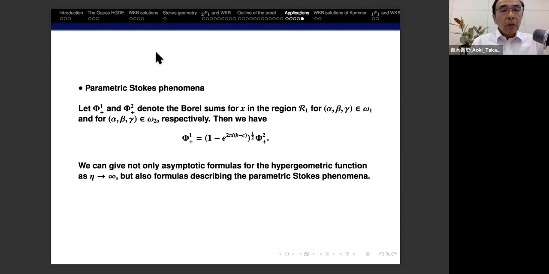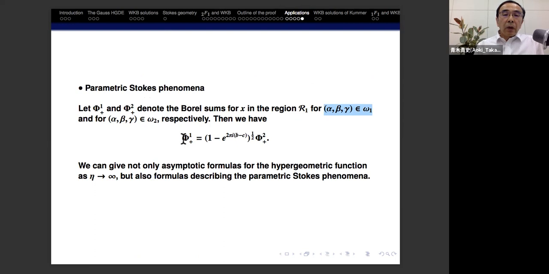The second application is the parametric Stokes phenomenon. Let capital phi plus 1 and capital phi plus 2 denote the Borel sums for x in the region R1 for alpha, beta, gamma belonging to omega 1 and omega 2 respectively.